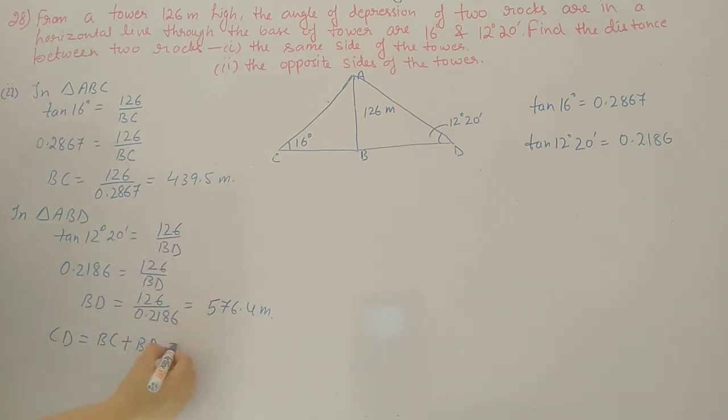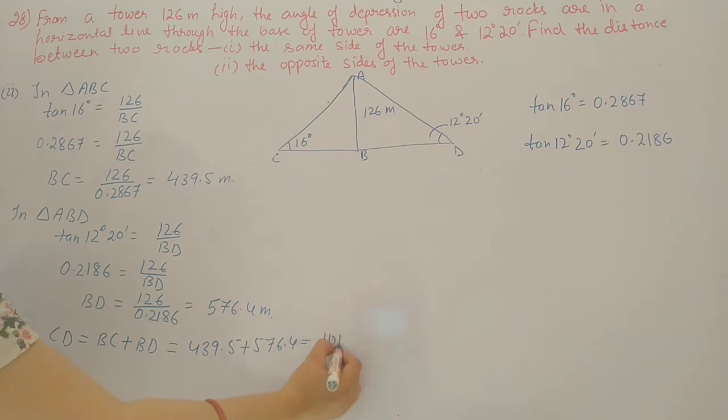BC is 439.5 plus 576.4. Add these two and you will get 1015.9, which you can write 1016 meter.